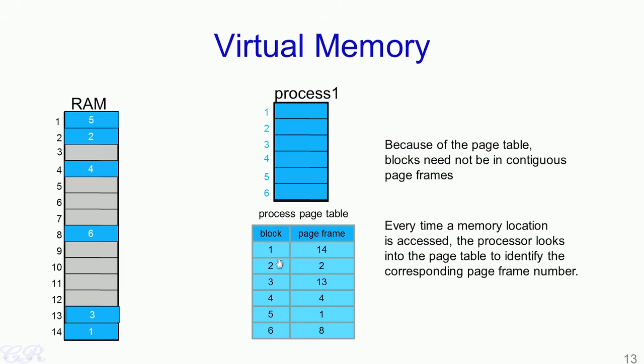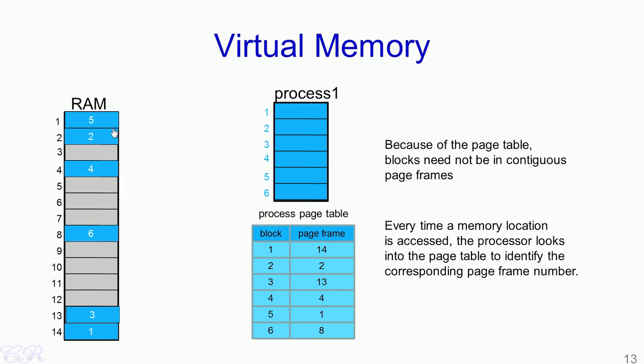For instance, now we have block 1 of the process in page frame 14, block 2 in page frame 2, block 3 in page frame 13, and so on. Essentially, with this page table, the blocks of the process need not be in contiguous page frames in the RAM.